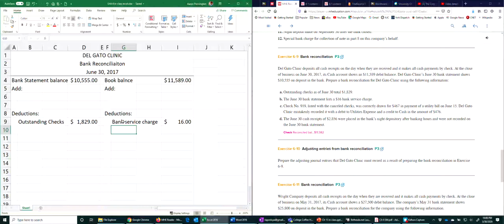The journal entry is a debit to utilities expense, credit to cash in the amount of $476. Well, that's $9 too high, the difference between $476 and $467. And you reduced cash $9 too much. So we're going to add that back to cancel out that error.